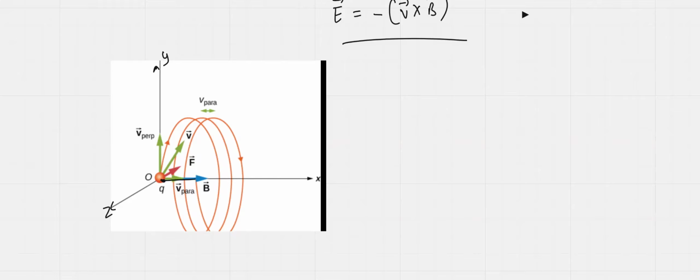This parallel part, we discussed that F perpendicular has a value QVB, with angle theta becoming sine theta. This becomes v times cos theta. So what happens is it covers a helical path.